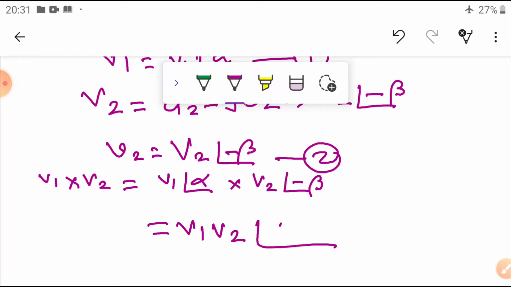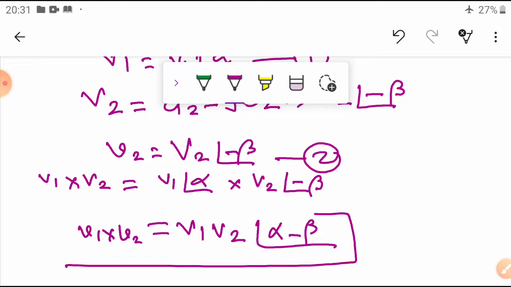So alpha minus beta is the final value. So that is equal to small v1 into small v2 at this angle. You can see how simple the method for vectors is. Simply multiply v1 v2, and just add the angles, alpha plus minus beta. Here beta itself is a minus value, so alpha minus beta we are going to get.